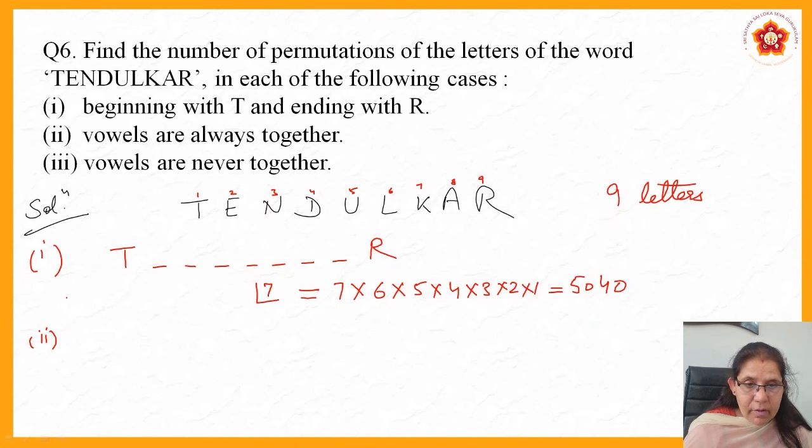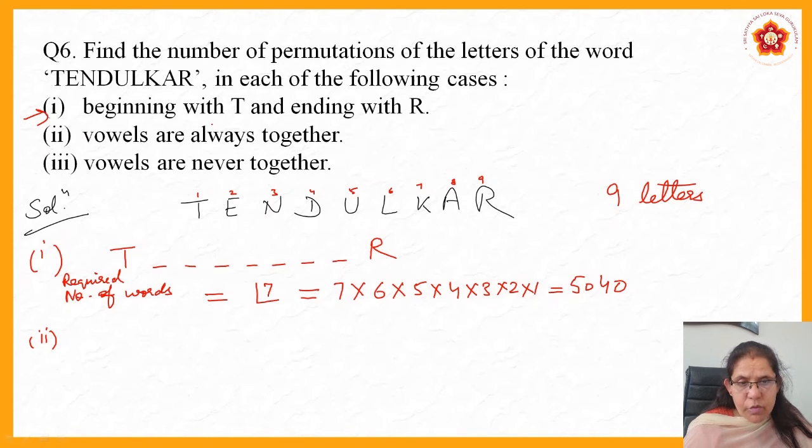So what have we found? Here we have found the number of words starting with T and ending with R. We can just write here required number of ways. So it is understood that we are solving the first one, words which begin with T and end with R.